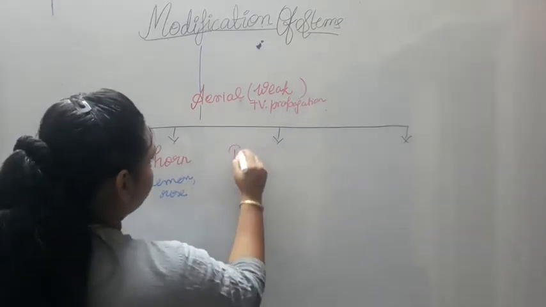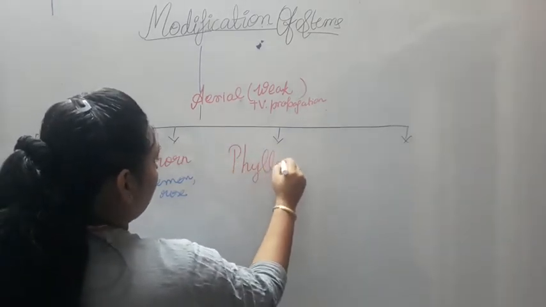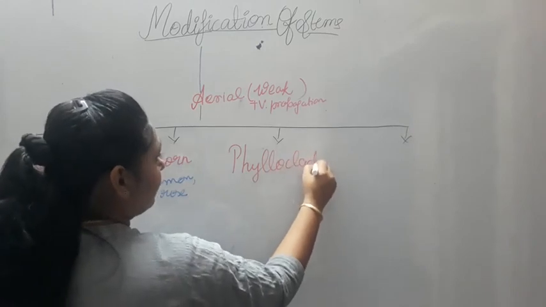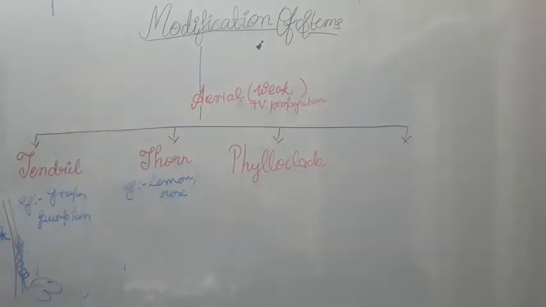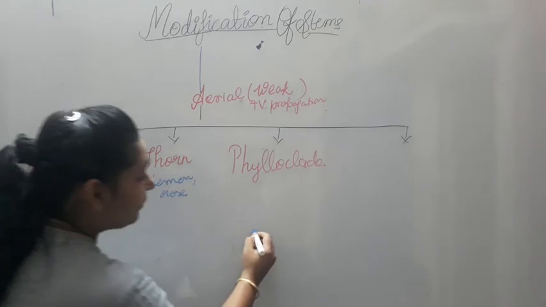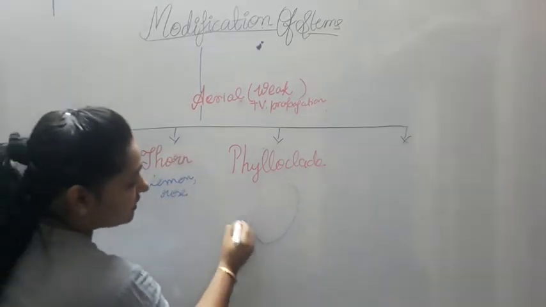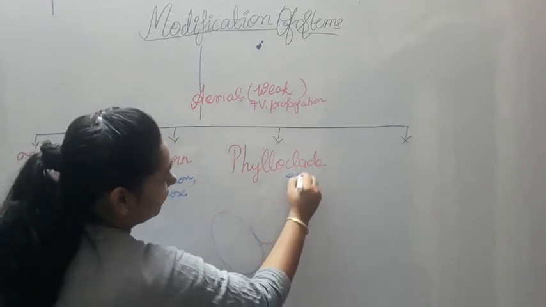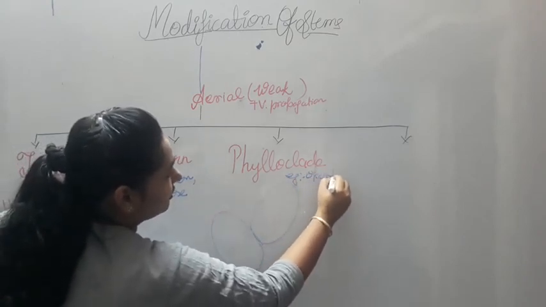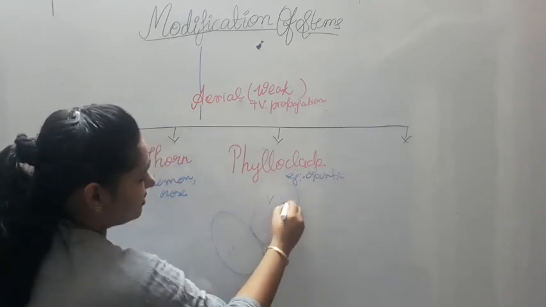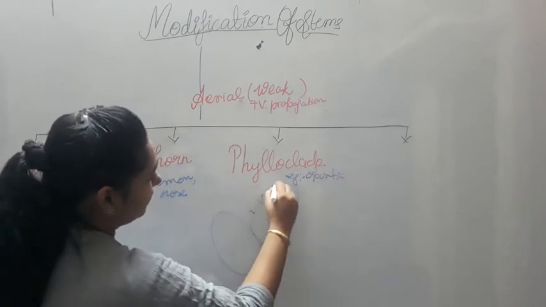Phylloclade is another example where you will see that some stems are there, they lose their leaves. They don't have their leaf structure present in them, and actually they develop their stem into something which is fleshy. For example, opuntia, that you say cactus, somewhat like this structured cactus you might have seen, right?